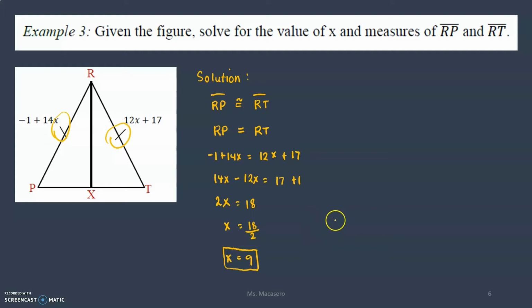Now, remember that we are not looking for the x value only. We are asked to solve for the measures of segment RP and segment RT.